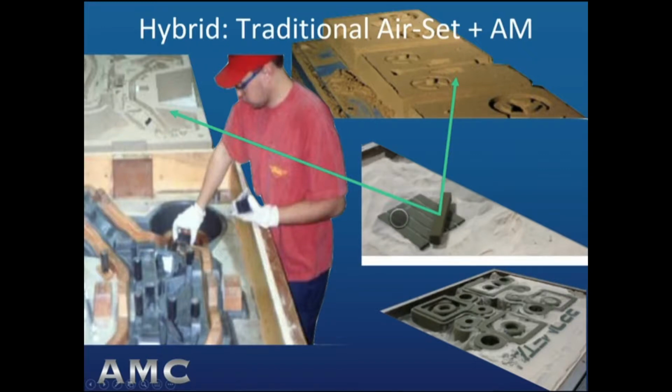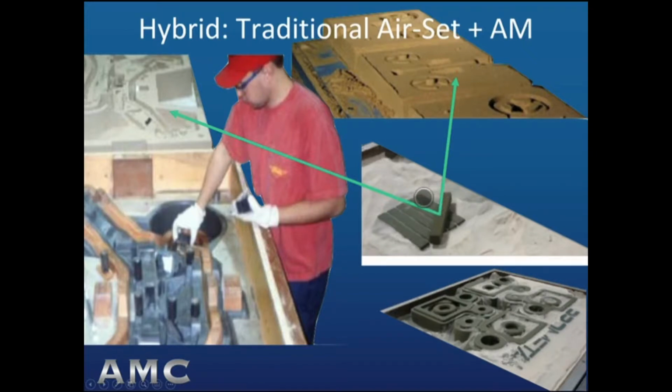Those additive manufacturing elements would be like you see with the green arrows emanating from it, a kind of grayish green color element that has been printed from the loose sand that surrounds it. That loose sand is unbonded, and the greenish gray has been bonded with a printing binder system.